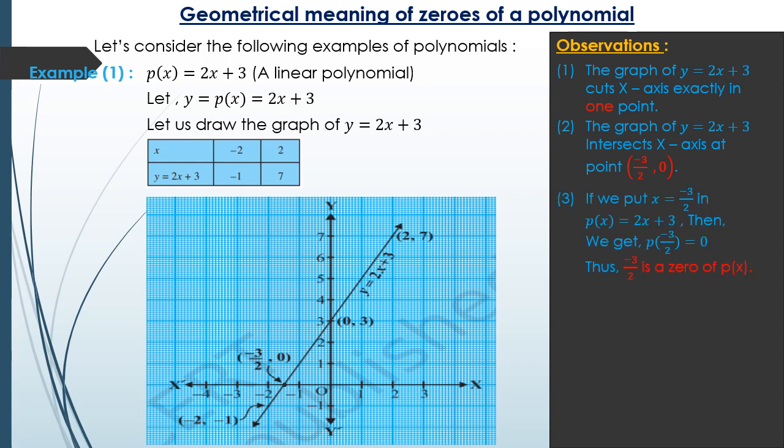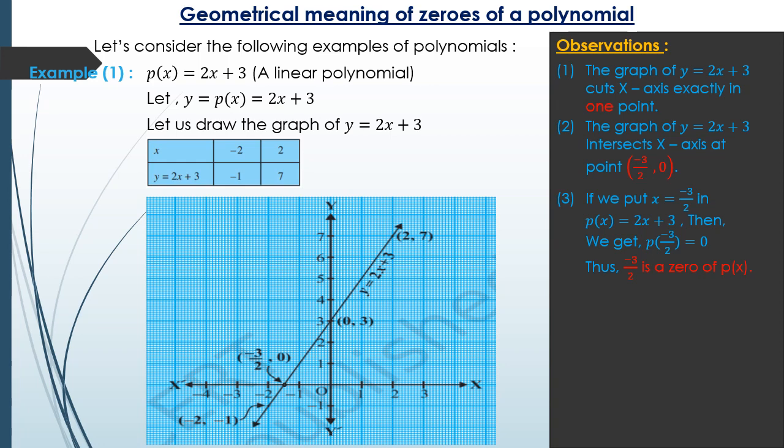Now see, we are going to focus on the x coordinate of the point of intersection of the graph and the x axis. The x coordinate of the point of intersection is -3/2. So what are we going to do? If we put x equal to -3/2 in the given polynomial p of x equals 2x plus 3, then we will find that p of -3/2 is equal to 0.